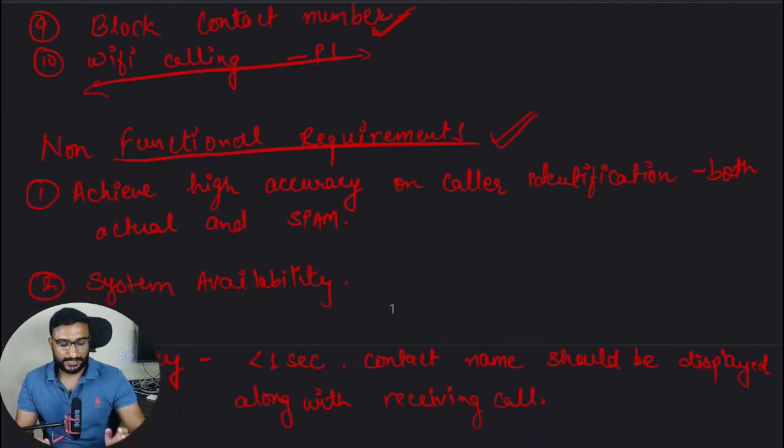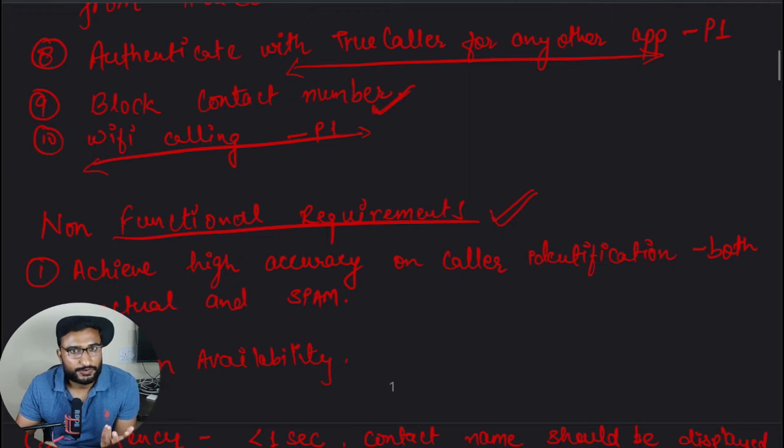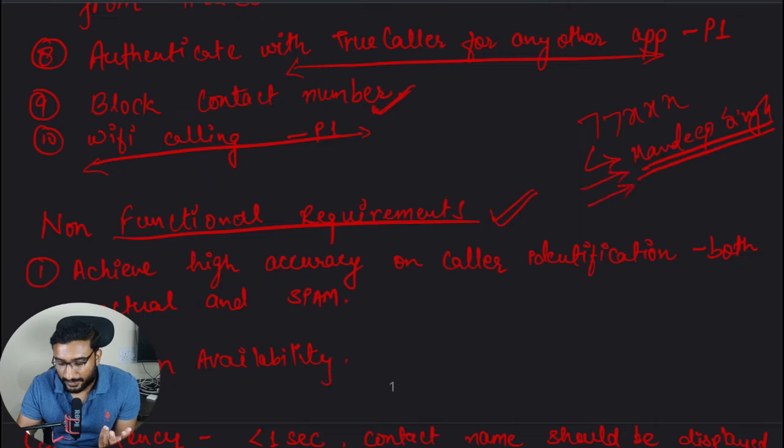The first requirement is that we want to support high accuracy. Whatever names you are suggesting for a particular contact number, let's say this is your 7xxx number, and you want this number to be associated with Mandeep Singh, you want to display the correct name as far as possible. It could be possible that this number was lost and taken up by some other person.